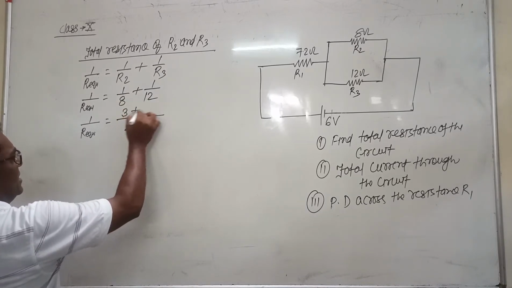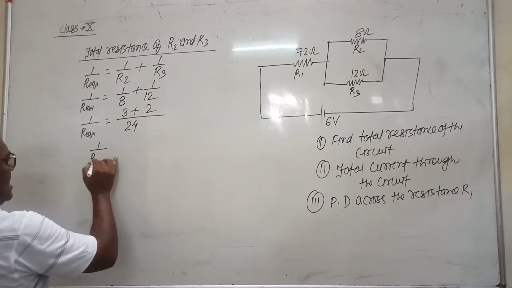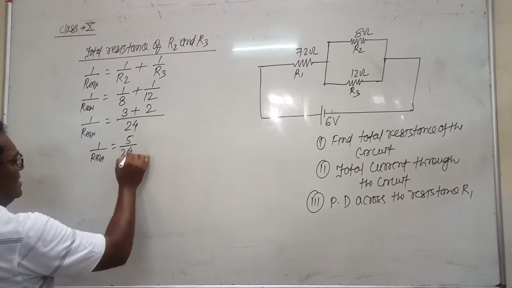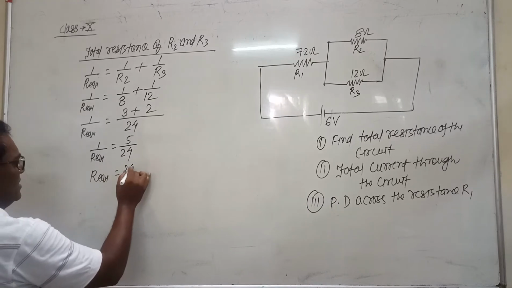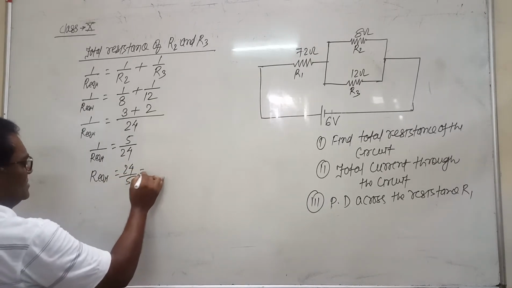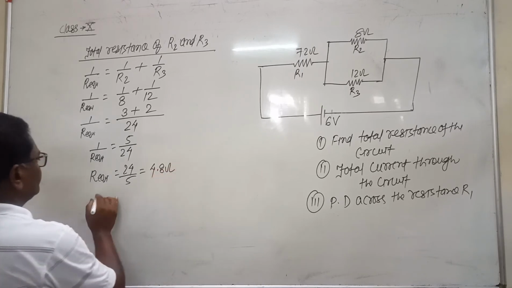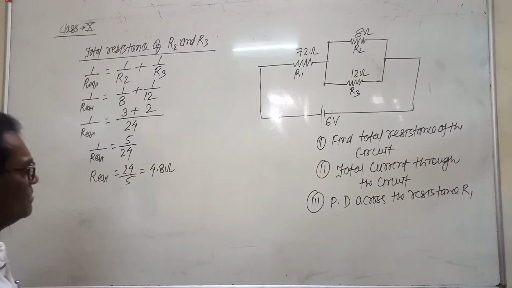This comes 3 plus 2 over 24. So 1 by R equivalent equals 5 by 24 and R equivalent equals 24 by 5, which is equal to 4.8. So this is the total resistance between R2 and R3, and which is 4.8.